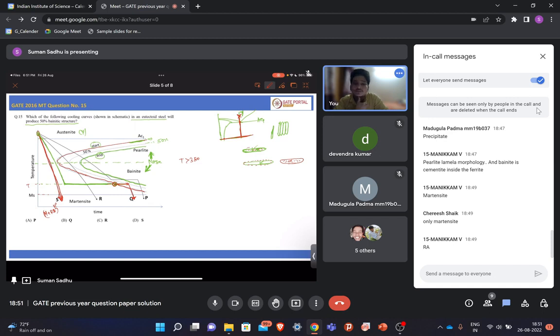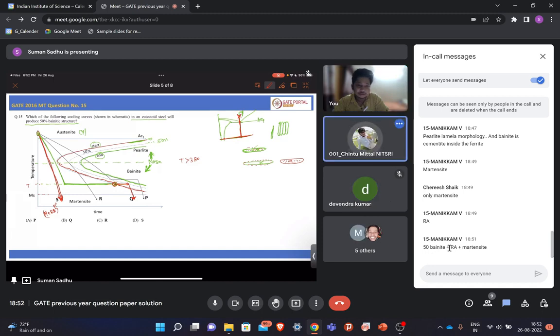Anyone? What microstructure will we get? At least you can try. 50% bainite plus, retained austenite plus martensite. Okay, yes, you are right.